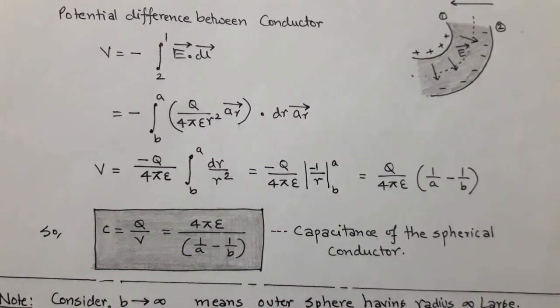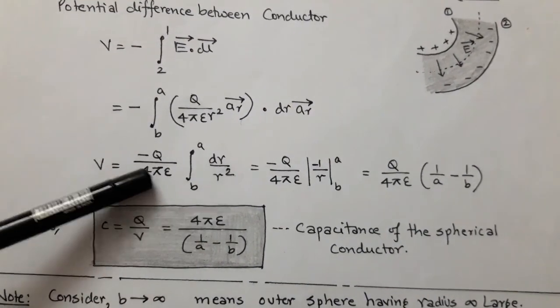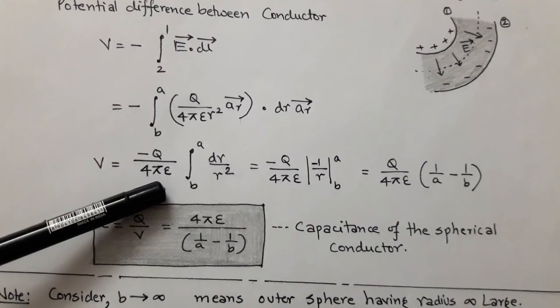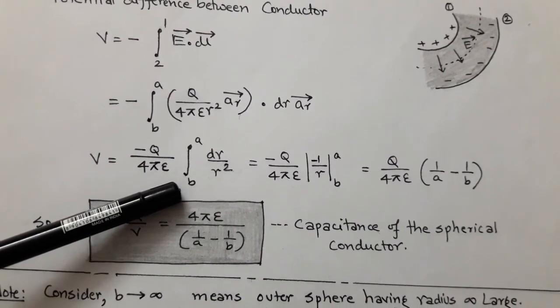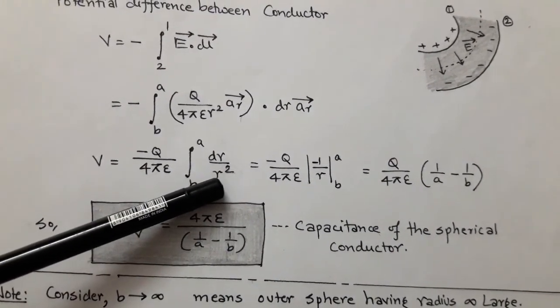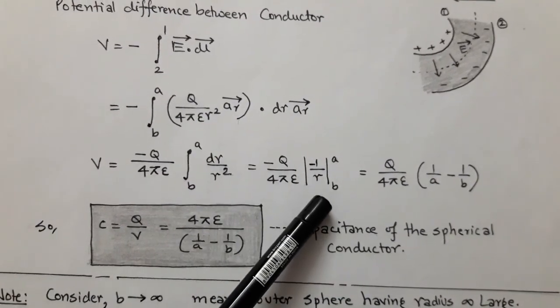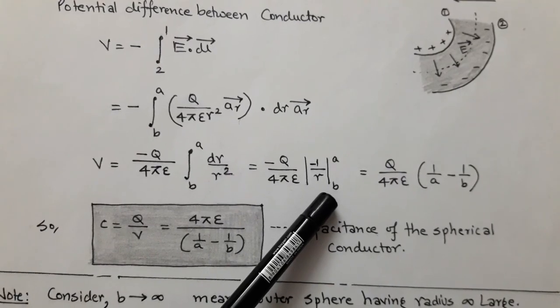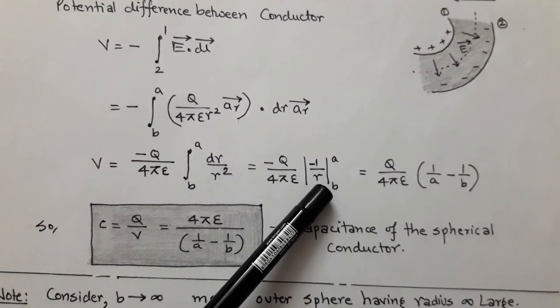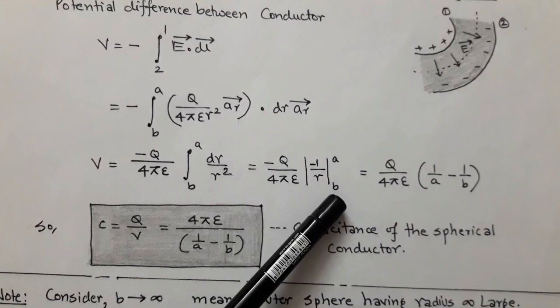Now we take the constant part outside this integration, that is minus q upon 4 pi epsilon, and the integration of dr upon r square, with the limit from b to a. The integration of 1 upon r square is minus 1 upon r with limits b to a.